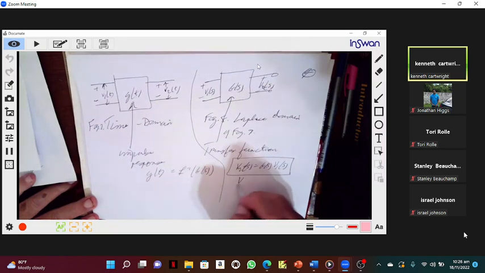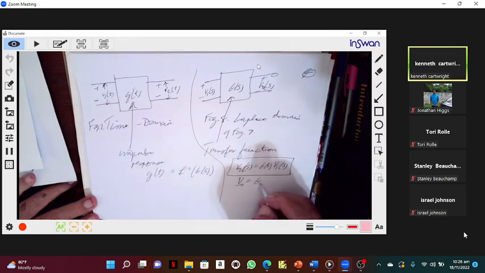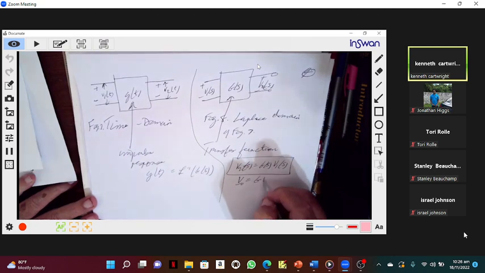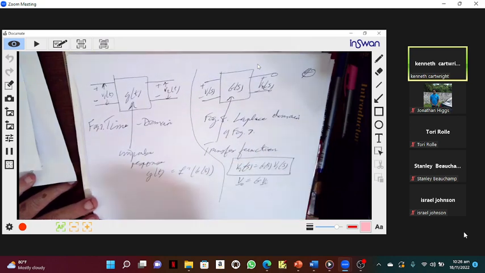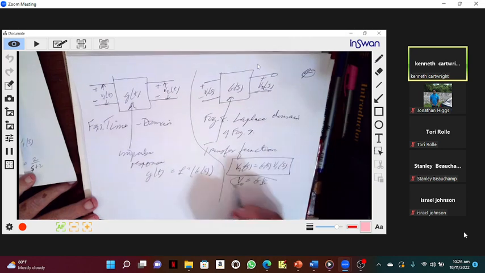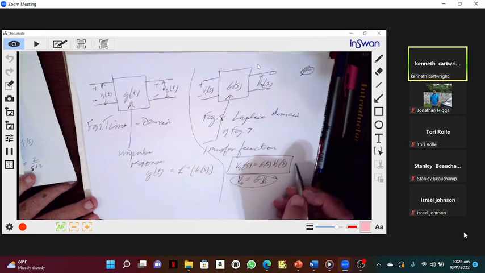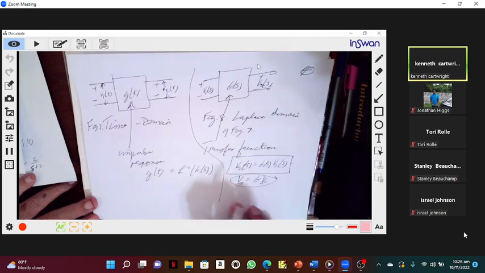This is just like V out phasor equals the transfer function times V in phasor. That's the same rule, except that this is dealing with phasors, and this one's dealing with Laplace transforms.